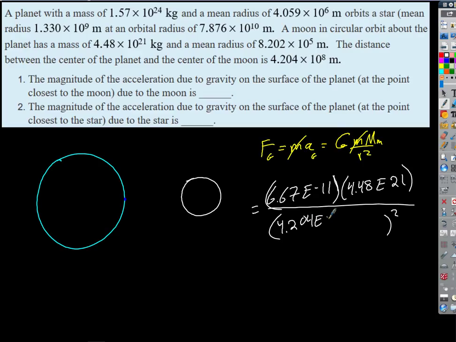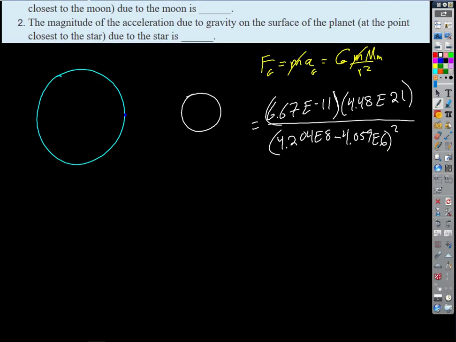4.204 E8 minus the radius of the planet right there, 4.059 E6. Okay, so let's just throw all that stuff in our calculator, see what we get.